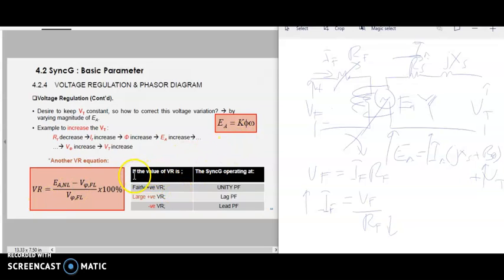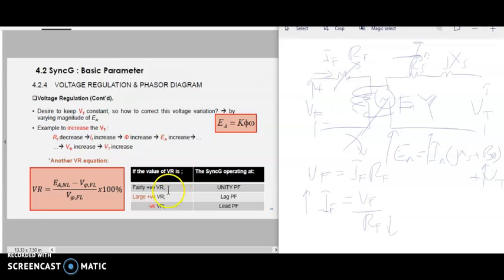If the voltage regulation is for operation at unity power factor, a positive voltage regulation will be seen. And if you use inductive load or lagging power factor, we can also see positive voltage regulation.